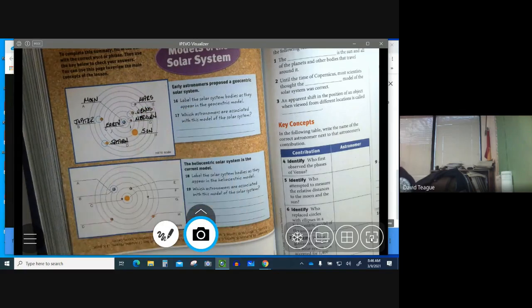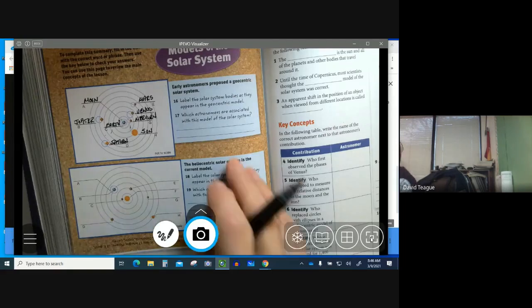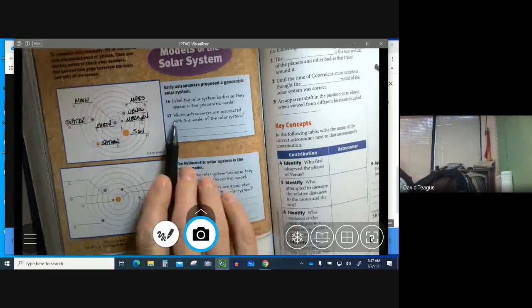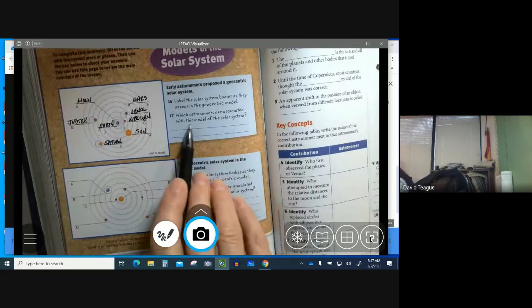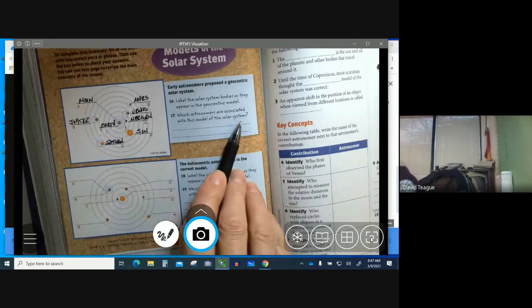So that's the geocentric model, right? And that's what they determined because they didn't have any telescopes to figure out what's going on. They were just using their naked eye, looking at the sky. Which astronomers are associated with this model of the solar system?